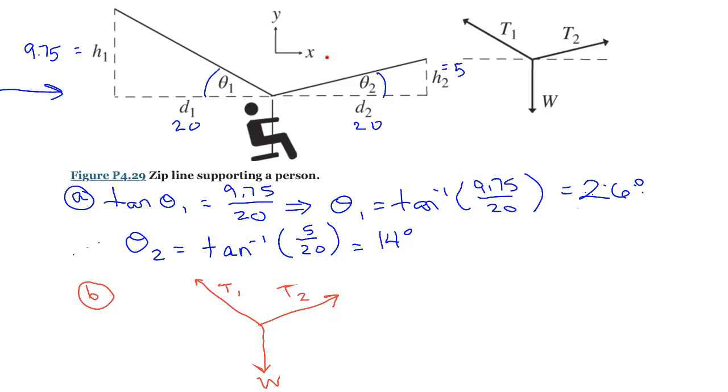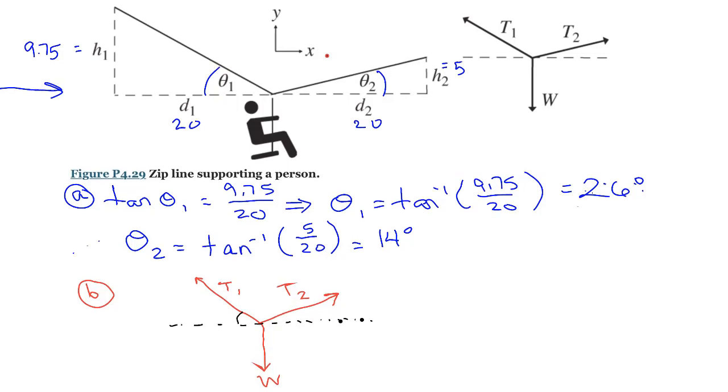Weight always goes straight down. We know this angle is 26 degrees, and we know this angle is 14 degrees. And obviously the one at the bottom is going negative 90 degrees. That's really all the information we have.